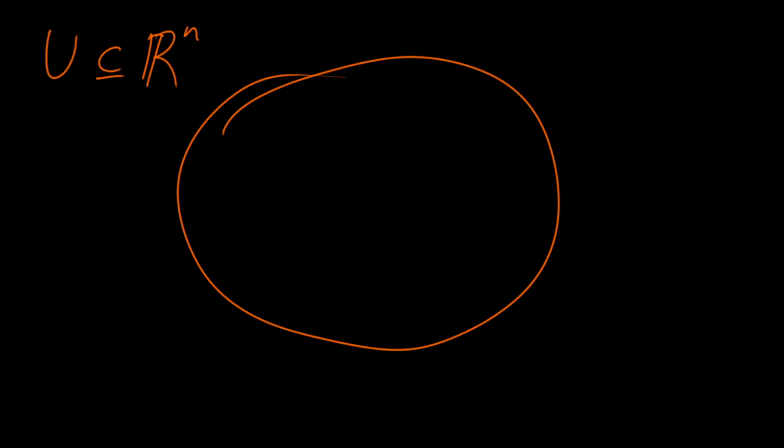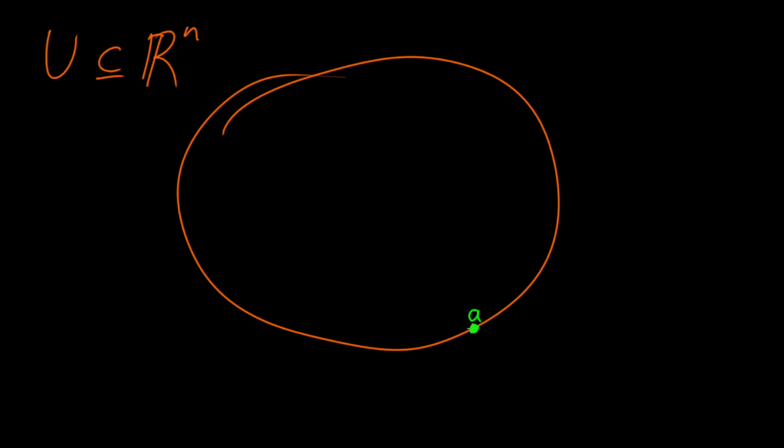Because, well, let's say the set were closed. Well, if the set were closed, that would mean that it contains its boundary. So it owns the edge. Meaning I could put my A here.